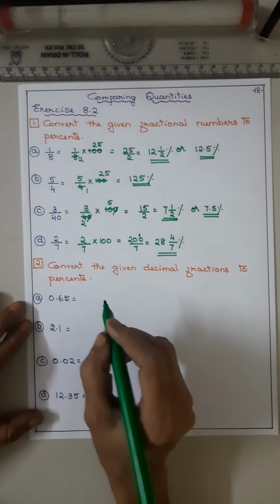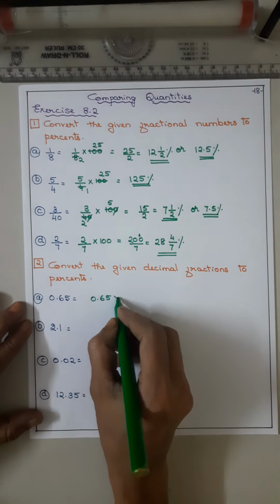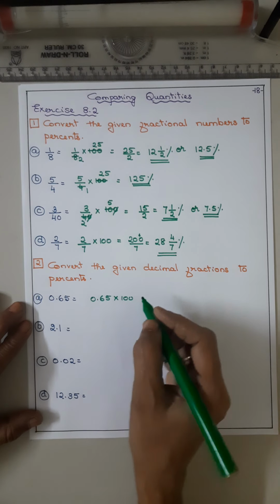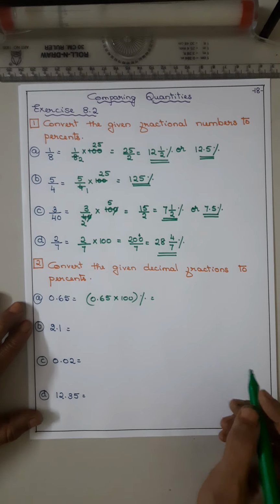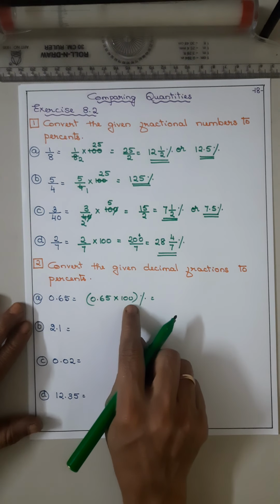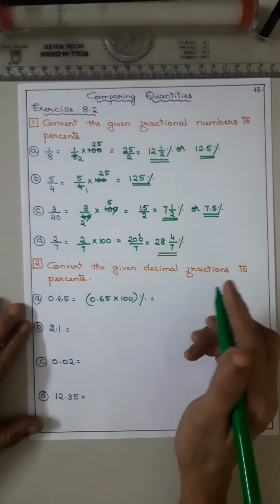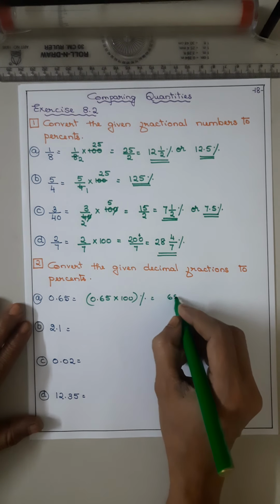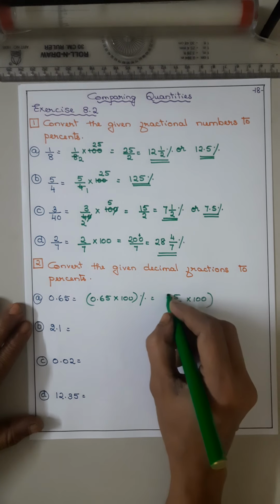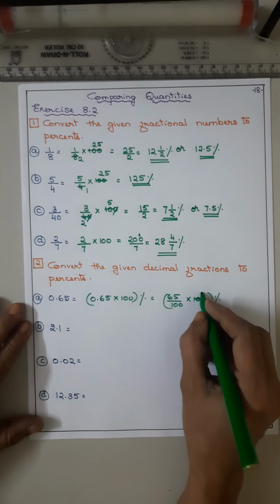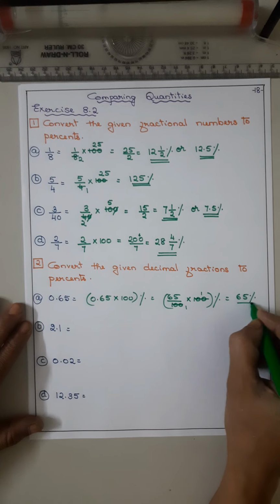Now coming to convert the given decimal fractions to percent. Again, into percent means multiply by 100, put the bracket and put the percentage sign. 0.65 into 100% is 65/100 into 100%. 100 ones are 100, so that is 65%.